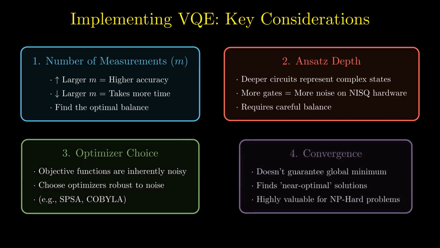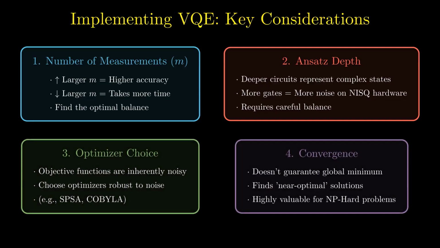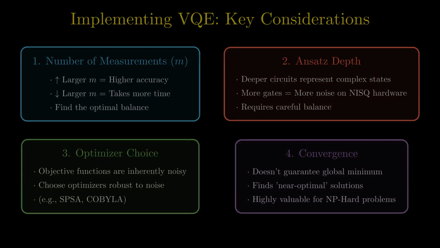You should find the right balance. Also, for the optimizer choice, some optimizers handle noisy objectives better than others. And for convergence, VQE doesn't guarantee finding the absolute optimal solution, which is the global minimum. It finds good solutions, often near optimal, which is valuable for NP-hard problems.